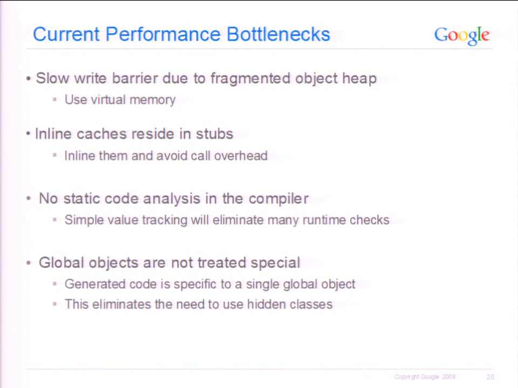Trying to capture the shared state of an oddball is sort of stupid, so we can do much better here. I did an experiment with one of my colleagues, and on some intensive benchmarks that are using the global object, we can actually get a factor of 2 in V8.